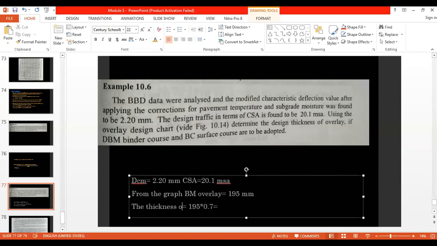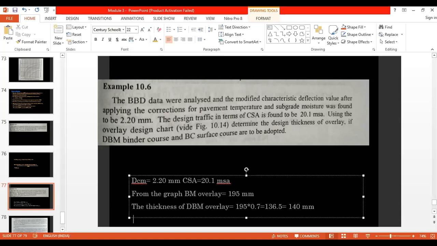The thickness of DBM overlay is equal to 195 into 0.7, which is equal to 136.5. Okay, assume it as 140 mm.